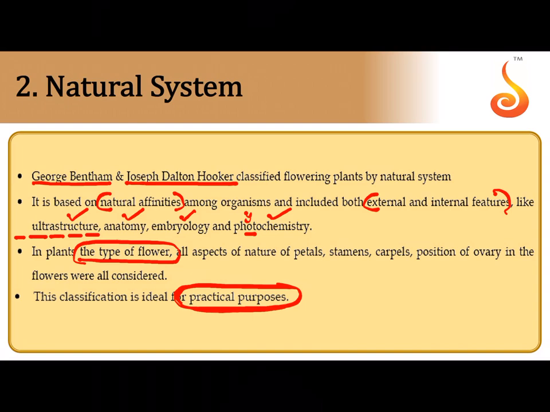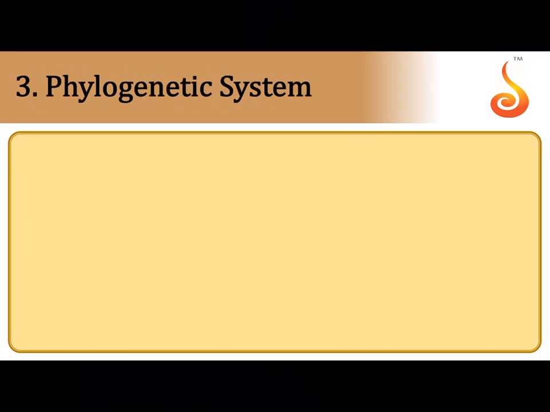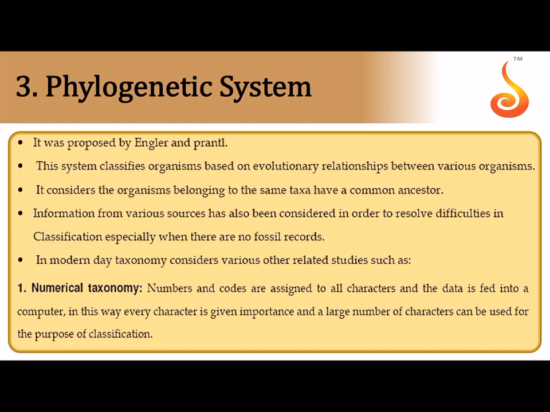It doesn't just take into account the visible or observable characters, it takes a lot of other features into account. Then the last and the most advanced type of classification is the phylogenetic system of classification.